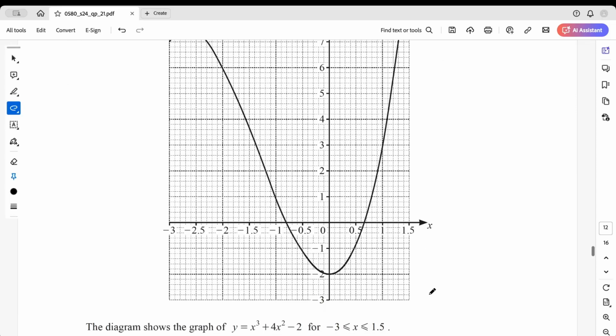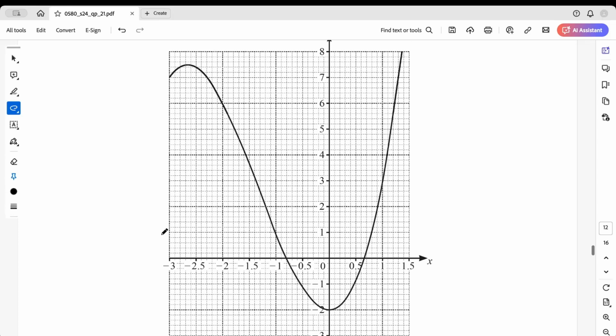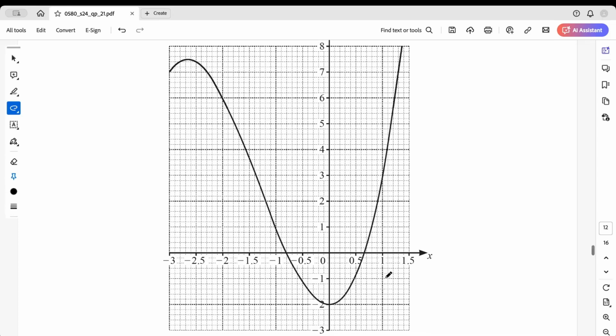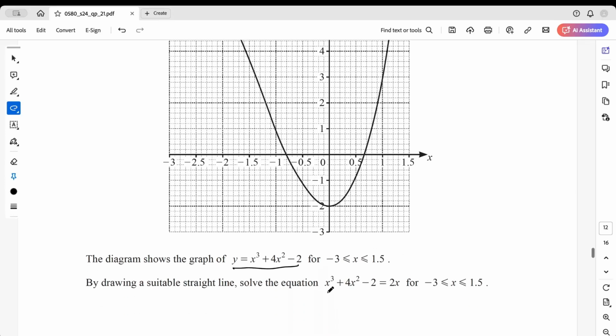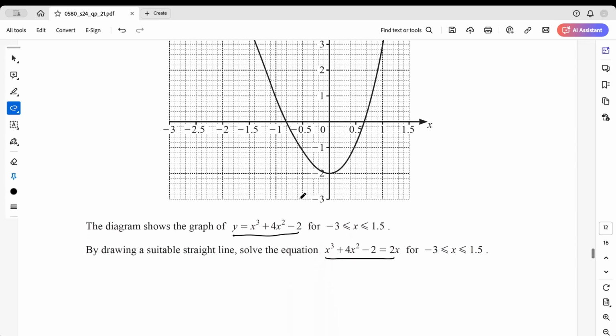Question number 18. So we have this graph here. The diagram shows the graph of this equation for negative 3 to 1.5. So this is your domain, negative 3 to 1.5, your x domain. By drawing a suitable straight line, solve the equation this. Now, first of all, before we go into solving this, we have to compare it with each other.